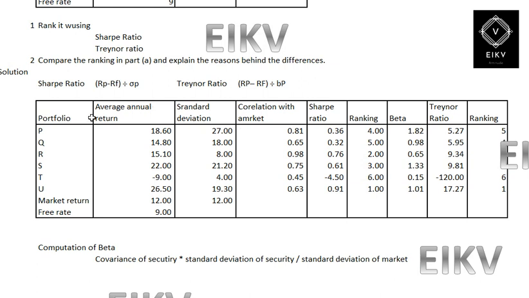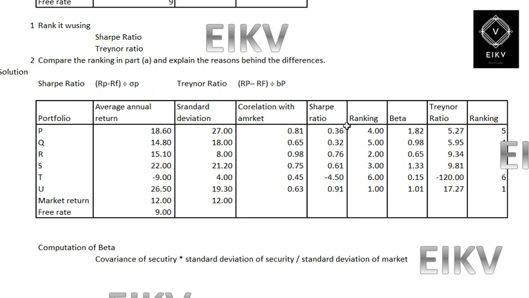So first of all we have made a table containing 9 columns. First column would be portfolio P, Q, R, S, T, U, and the annual return which we have directly taken from the question. Then we have the standard deviation also given in the question, correlation also given in the question.